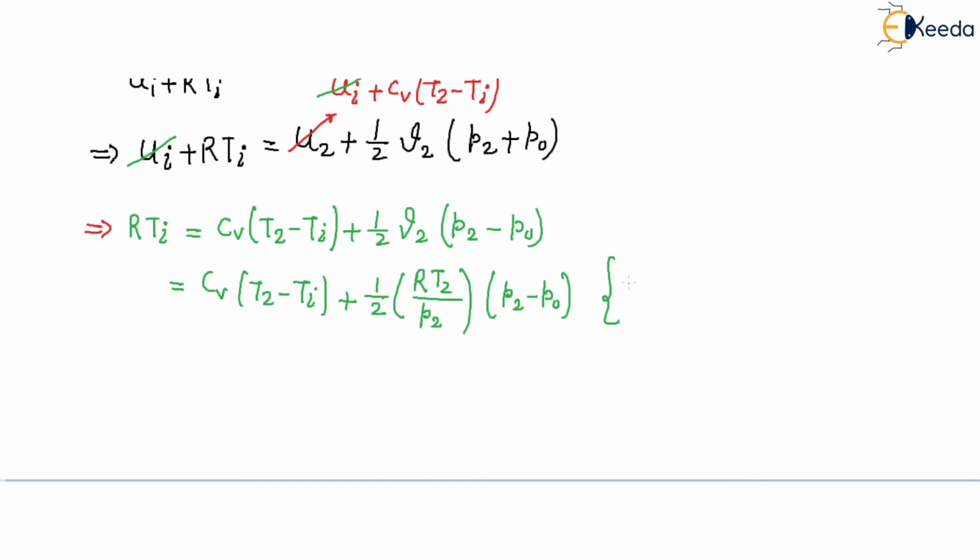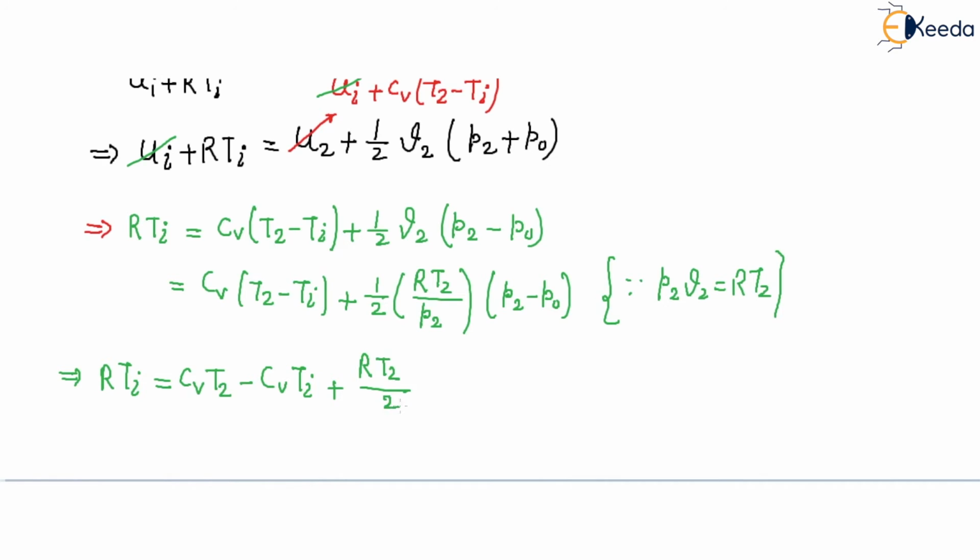Since P2 V2 equals R T2 for air, R Ti is equal to Cv T2 minus Cv Ti plus R T2 by 2 times P2 plus P0 by P2, no problem.